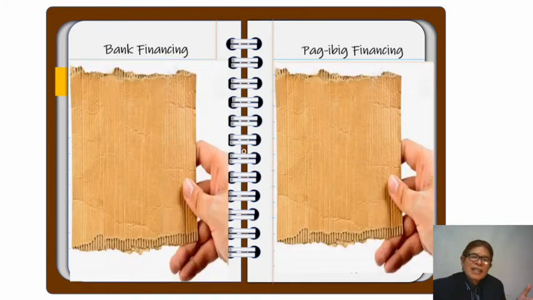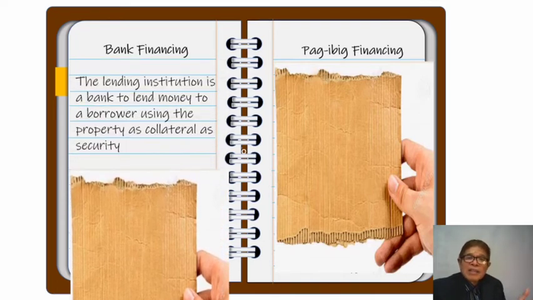Now, let us discuss bank financing and Pag-IBIG financing. Bank financing means the lending institution is a bank, lending money to a borrower using the property as collateral and as security.